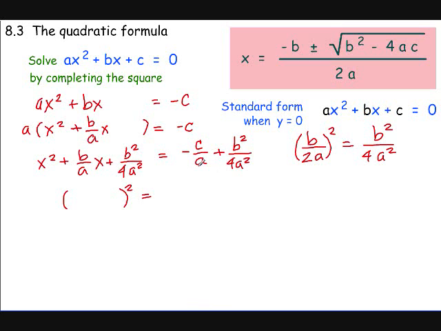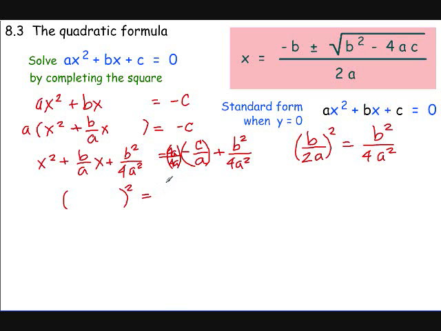On this side, if I want a common denominator, I'm going to have to multiply this piece by 4A, aren't I? That look okay?